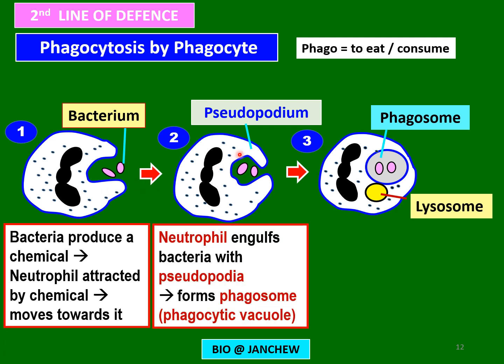Next, the neutrophil or phagocyte will engulf the bacteria using pseudopodia. And it will form a vesicle here called the phagosome. This is the phagosome, where the bacteria are contained. Now, to digest the bacteria, a lysosome, which is an organelle containing lysozyme, must fuse with the phagosome.